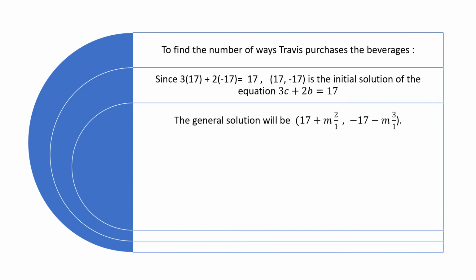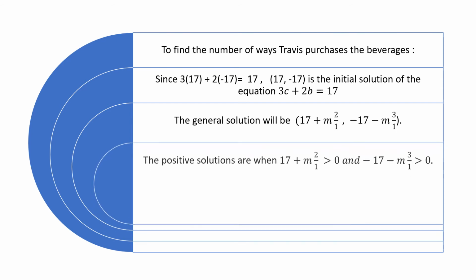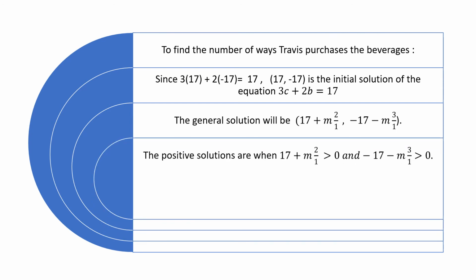So the general solution will be x star, which is 17, plus m times b, which is 2, by d, which is 1, and y star, which is negative 17, minus m times a, which is 3, by d, 1. Or I get that as 17 plus 2m and negative 17 minus 3m.